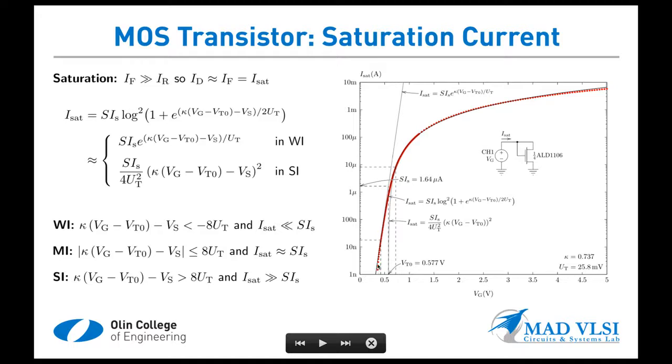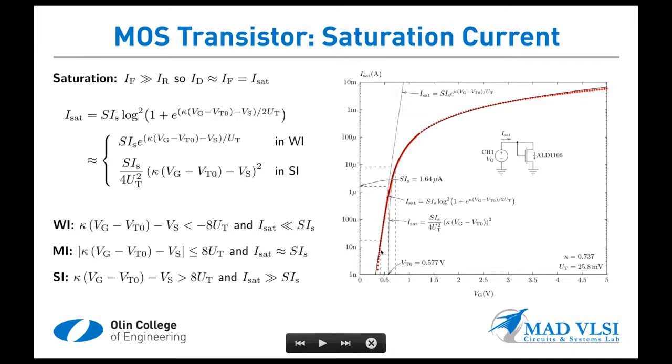And here, this is a plot showing current through an MOS transistor, and it's the same type of transistors that you guys would be using in the labs, the ALD1106. The red circles are measured values of channel current as a function of gate voltage. Here I've got the transistor diode connected, but I could also have it with VDD on the drain, and it would be just about the same. And here is the weak inversion region, and here is the exponential model. You can see that it does follow.